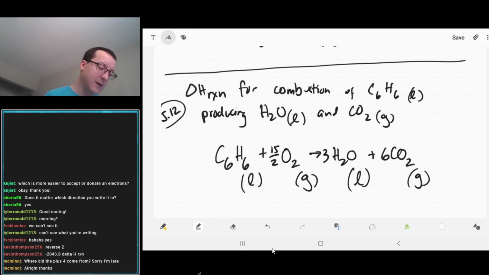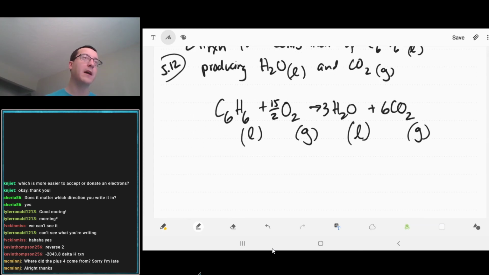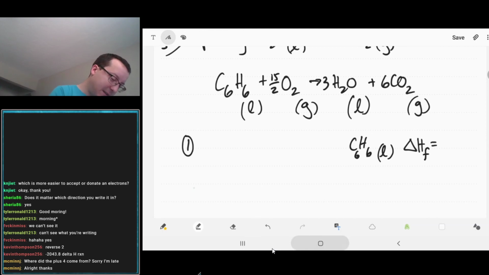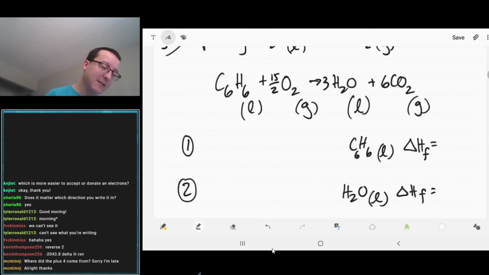Okay, so again, looking at these compounds, we're going to have to look at what's going to make benzene and look up its delta HF. A second compound we have is liquid water. So we're going to make liquid water and find its delta HF.